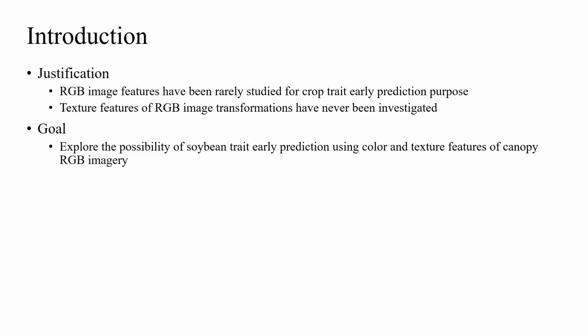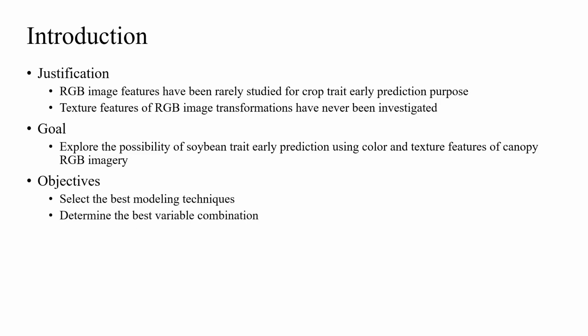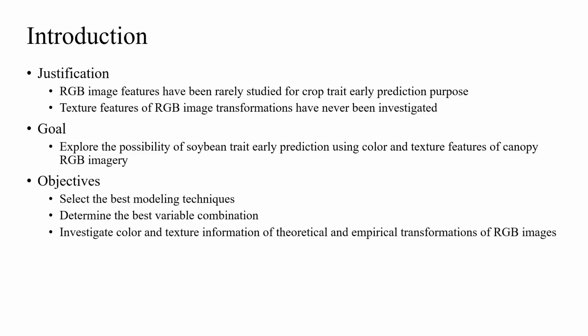More specifically, the objectives of the study included: first, select the modeling techniques that would provide the best prediction results. Second, determine the variable combination type that would provide the best prediction results, such as using only color indices, using only texture indices, or both color and texture indices, etc. Third, investigate whether the color and texture information of theoretical and empirical transformations of RGB images, namely images in alternative color spaces and vegetation index images based on RGB bands, could improve prediction results.